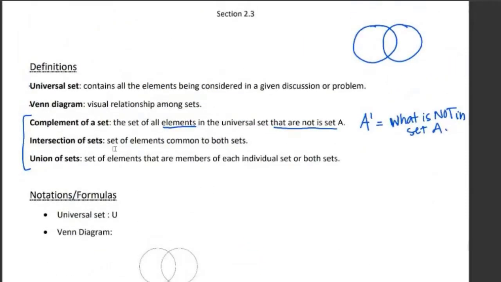We have the intersection of sets, which is the set of elements common to both sets. So if we were looking at a Venn diagram, the intersection would be this middle piece right here where those 2 sets intersect.